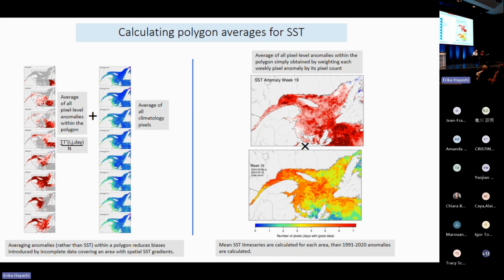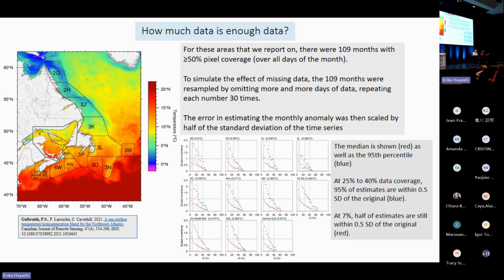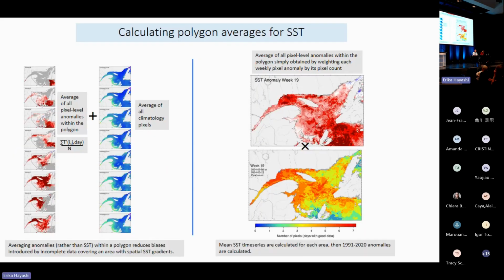This is equivalent to basically weighting each of these pixel anomalies by the pixel count for the week. So that gives us the best temperature that we could have for the area average. Now, if I go back to this slide, you'll see that a few of these days have very sparse data.